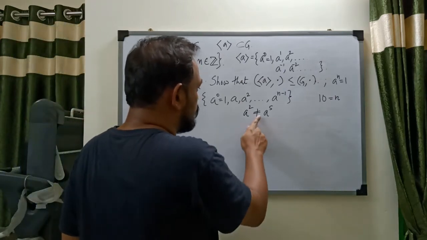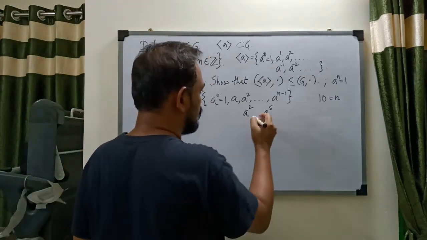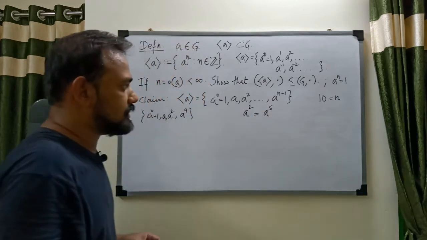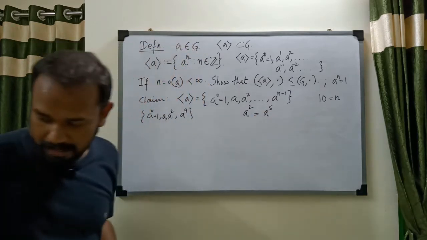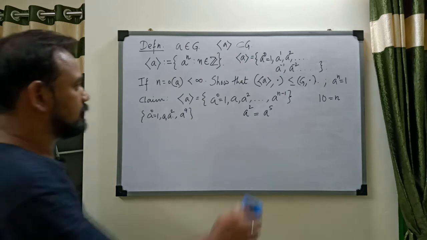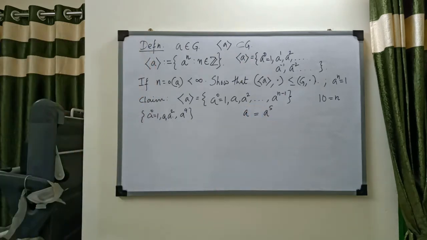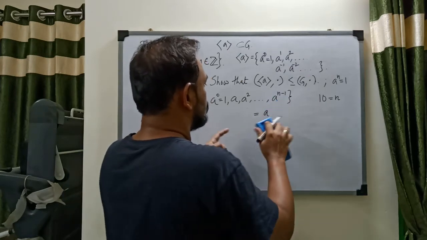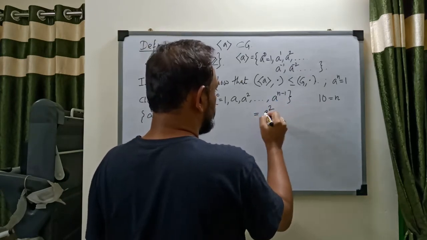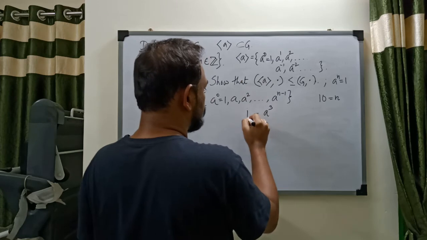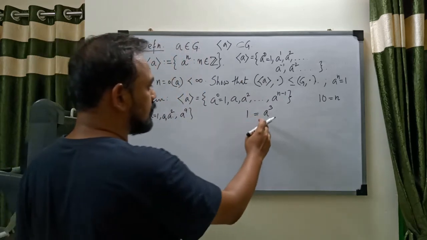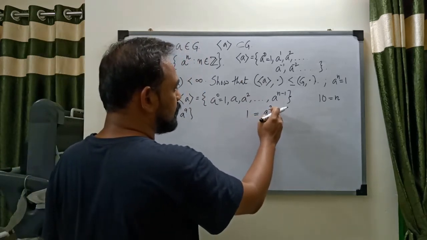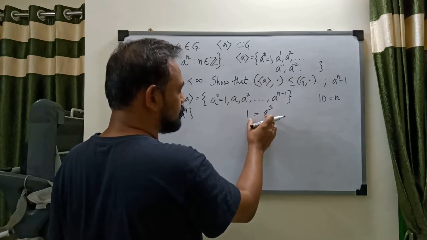Why? If it was equal, then by the use of how I've used indices and powers, I know that this would be a^3. You can subtract off 2 from both sides, and this will be a to the power 3 equals 1, which means 3 is a number which gives me this equation.